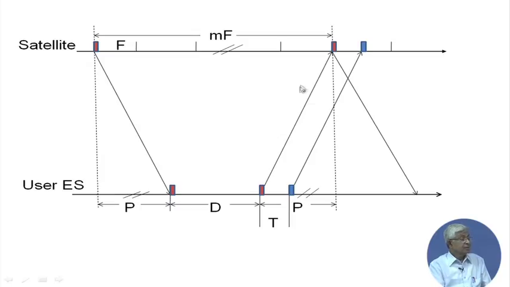Now from the reference burst at the satellite, it is already allotted that this particular user station, after so much time, has to reach. Now since the propagation delay has to be brought into the picture, you have to find out, from the reception of the reference burst at the station, after how much time you should transmit.